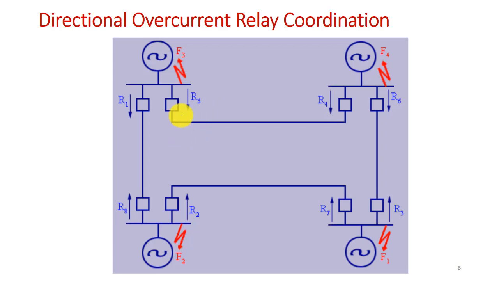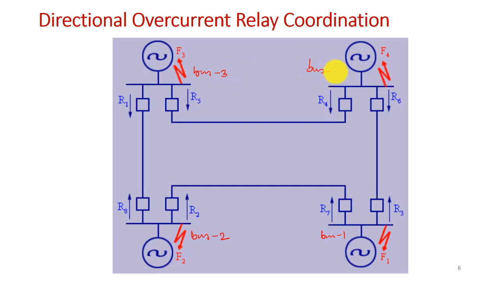So let us see, this is a mesh network what we are seeing here, right? It has 4 buses and it is marked here. Let us say this is bus 1, this is your bus 2, this is your bus 3, and this is your bus 4.